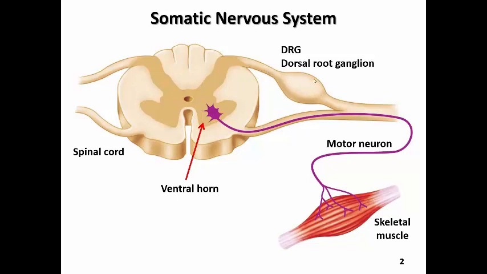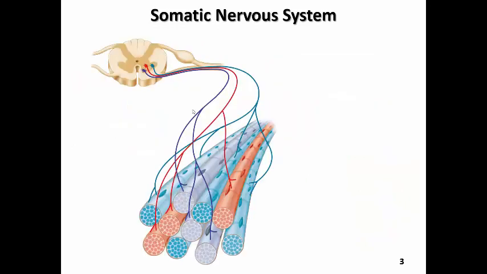This enlarged part of the nerve root on the dorsal side is called the DRG, the dorsal root ganglion, and this is where the cell bodies for the sensory neurons are located. They're not located in the spinal cord like we see with the motor neuron cell bodies.